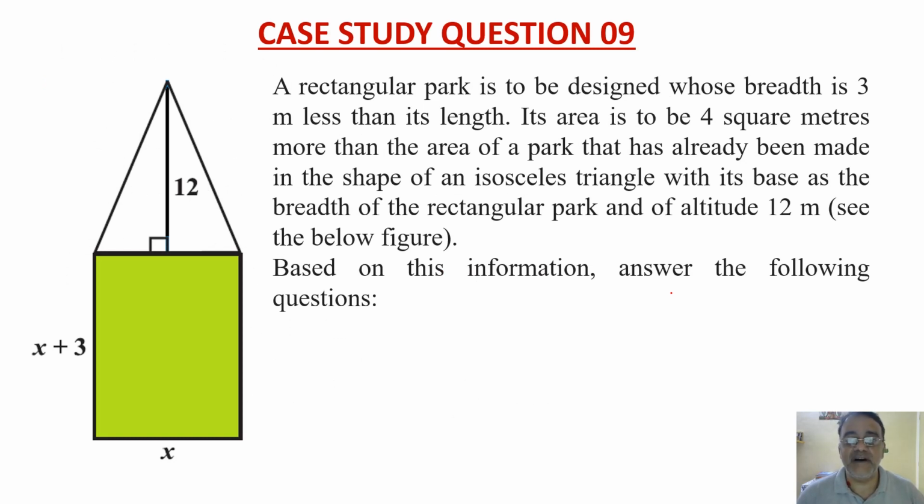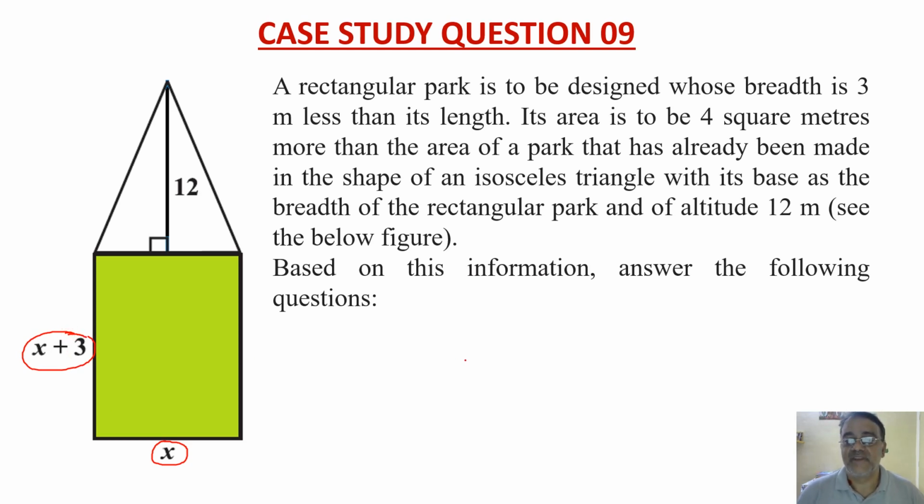Now we are moving toward the next case study, question number 9. A rectangular park is to be designed whose breadth is 3 meter less than its length. So if we take breadth as x, then length will be x plus 3, as given in the figure.